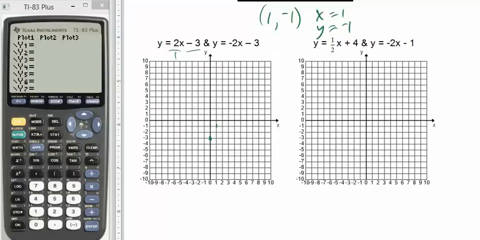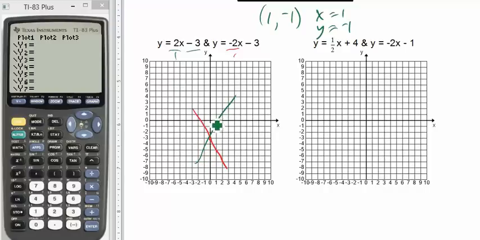And for this one, you start at -3, 1, 2, 3. Makes it easy to see where they're going to cross. And go down 2 over 1. So that one's going to be there, and this one's going to be there. And then the answer is the point where they cross.